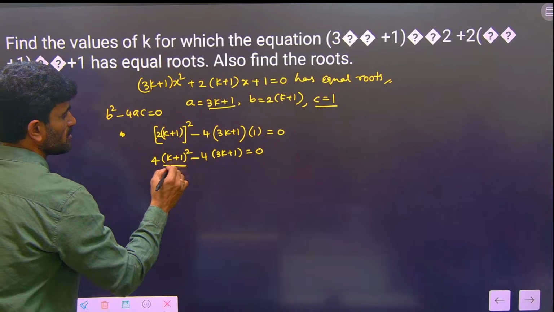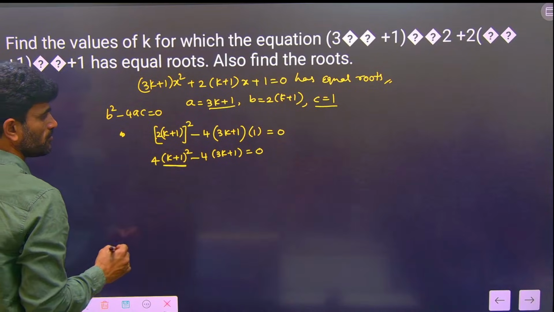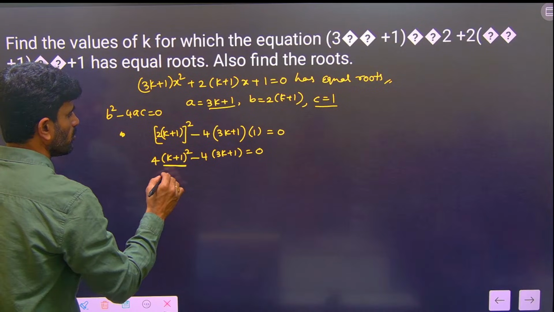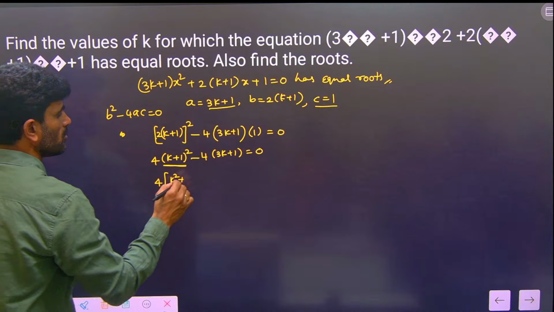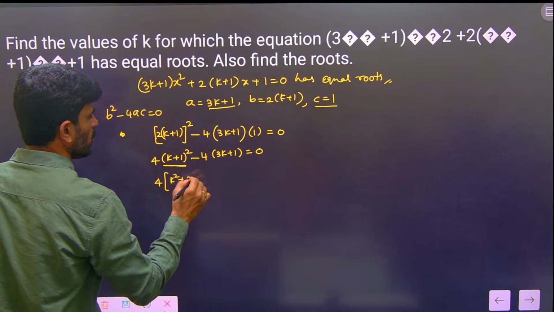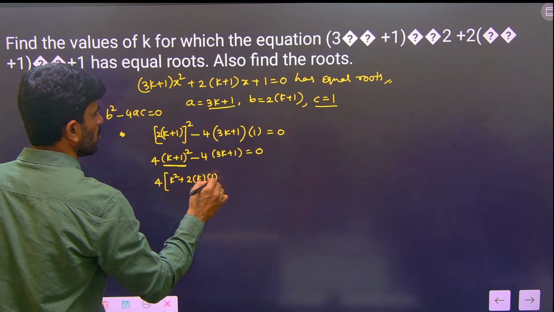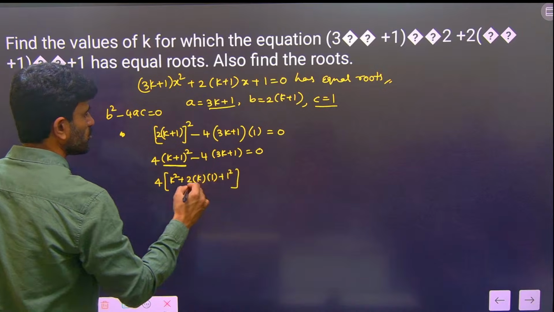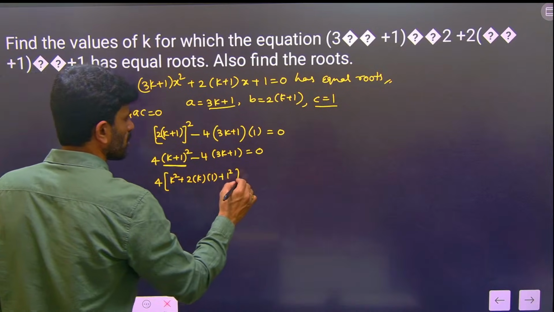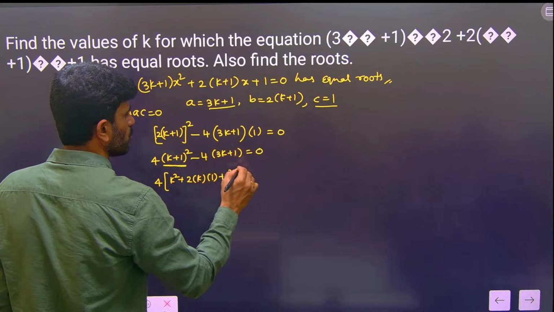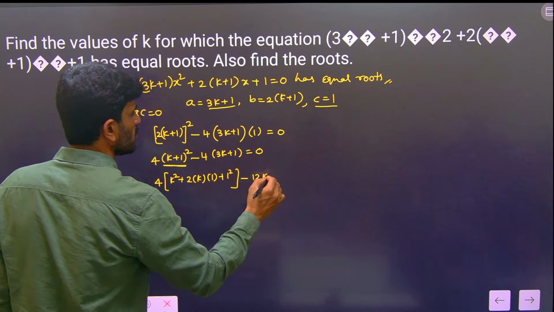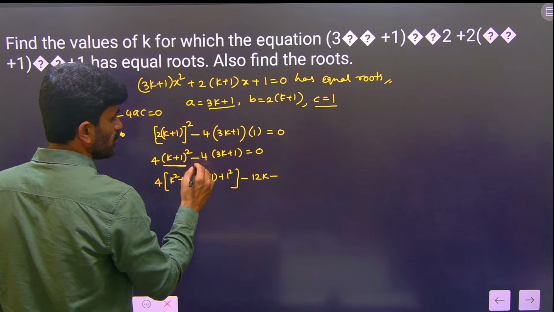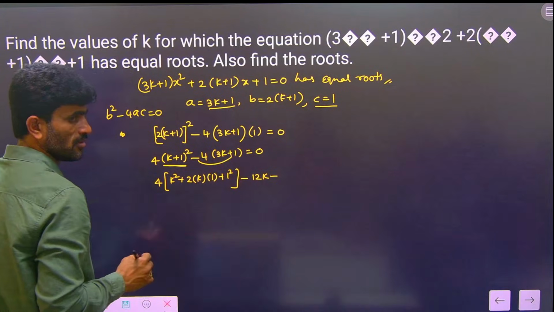Now you should expand this by using a plus b whole square formula. 4 into k square plus 2 into k into 1 plus 1 square, a plus b whole square I use, a square plus 2ab plus b square. Minus, we can multiply this for both, 4 into 3k is 12k, minus into plus. You should be careful about this. When you are multiplying here, minus into plus, minus it is.